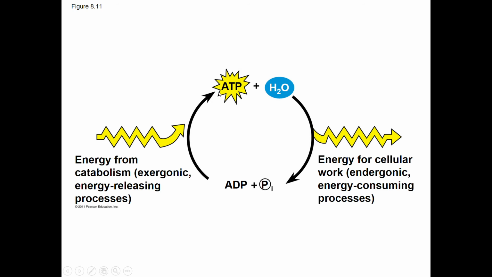And then ATP is our intermediate that we can couple to tons of different cellular processes that are endergonic, that require energy, right? And the transfer of the terminal phosphate group provides the energy to do the work, and then that converts your ATP back into your ADP and Pi, inorganic phosphate again, and we can repeat the process using the energy from catabolism to generate more ATP.